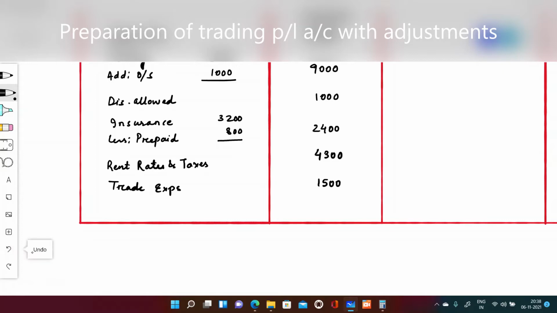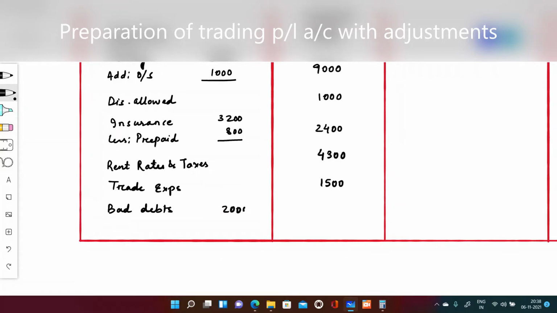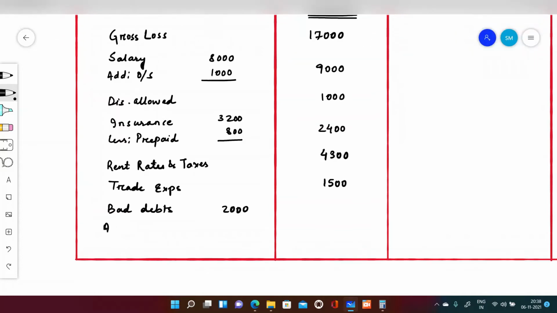Then your bad debts. Remember we have marked bad debts also, this 2000. We have to make adjustments. So further bad debts we had, that is of new bad debts I am writing, new bad debts.